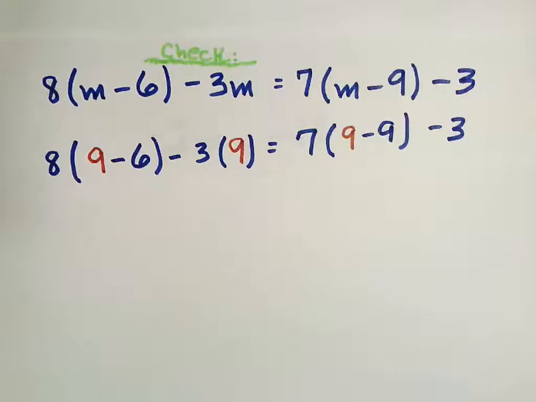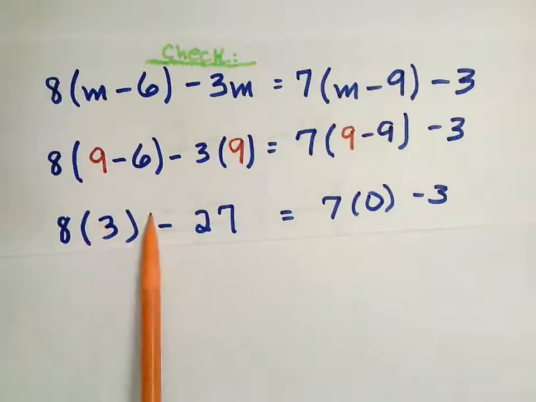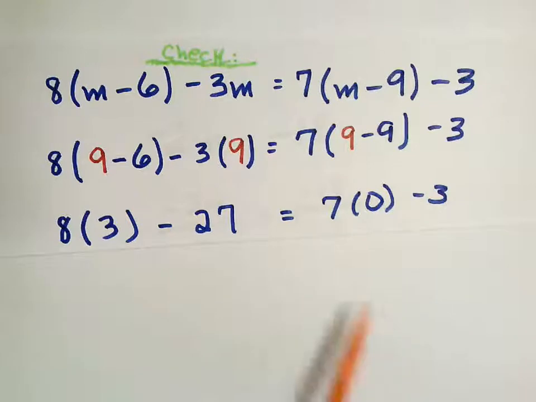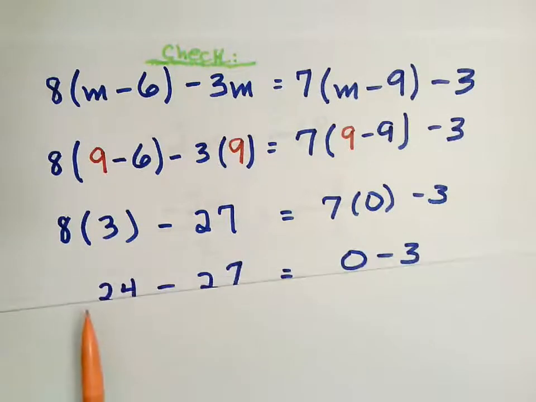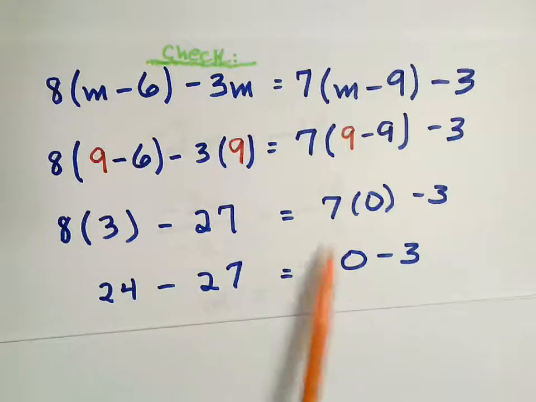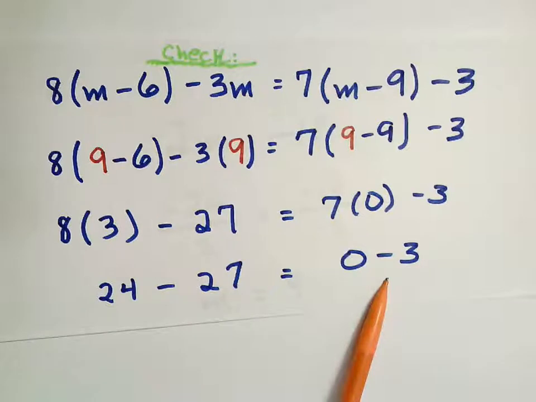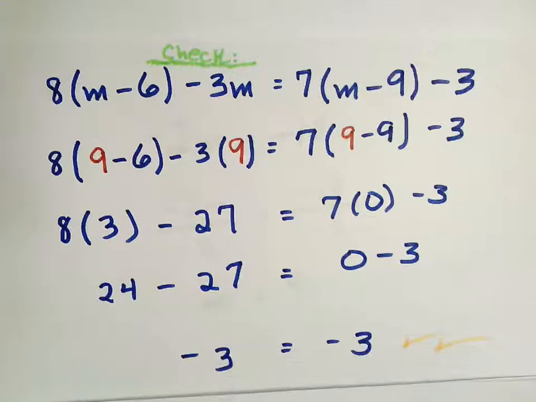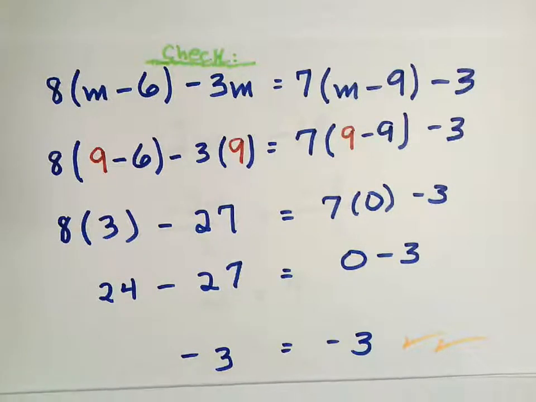We do what's in the parentheses first. 9 minus 6, 3. 9 minus 9, 0. Then we're going to multiply. 8 times 3, 24. Bring down the negative 27. 7 times 0, 0. Bring down the negative 3. 24 minus 27, negative 3. 0 minus 3, negative 3. And the problem does check.